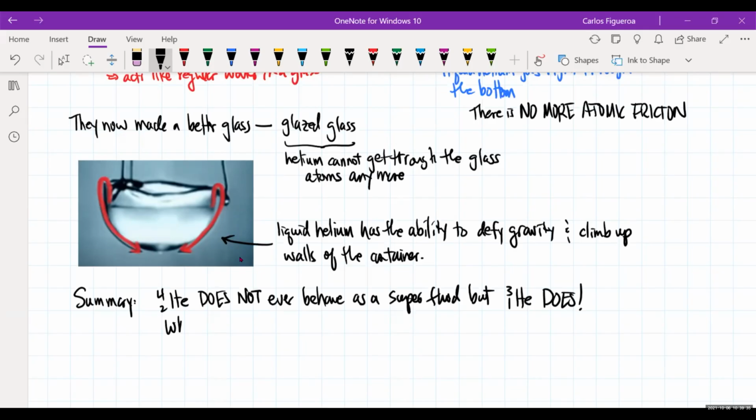The question is, why? It's the missing neutron. That one neutron really, really changes how liquid helium behaves, which is wild.